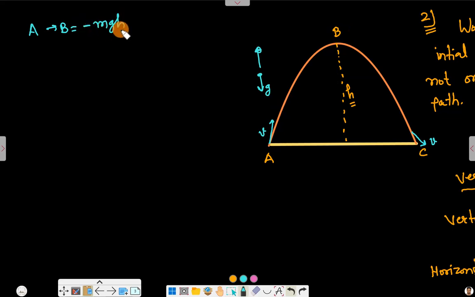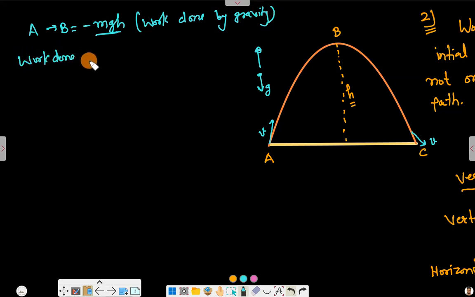The work done by gravity is minus mgh, and the work done on the particle is mgh.